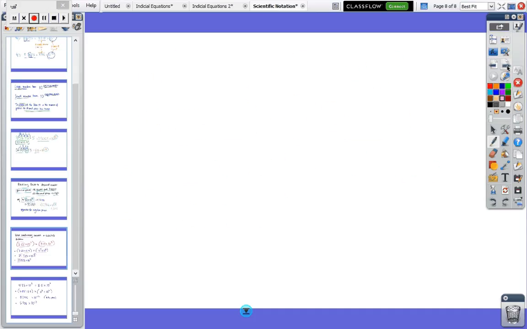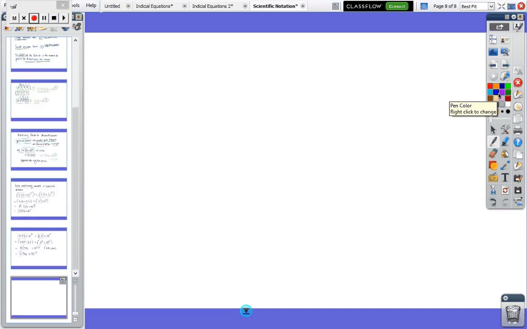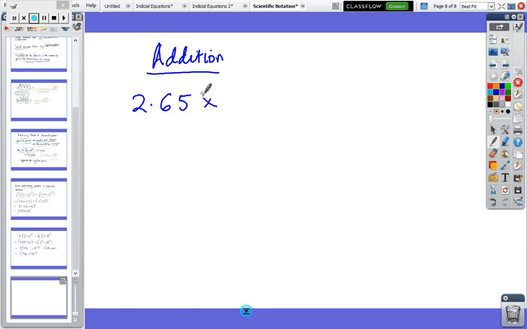Okay. Now I haven't done one, so I'm going to show you one just with addition, just so you know that you can do it. So if I've got 2.65 by 10 to the 7, and I'm going to add 5.1 times 10 to the 8. For instance, if I had the weights of, not planets, but maybe asteroids, and I was going to add them together.